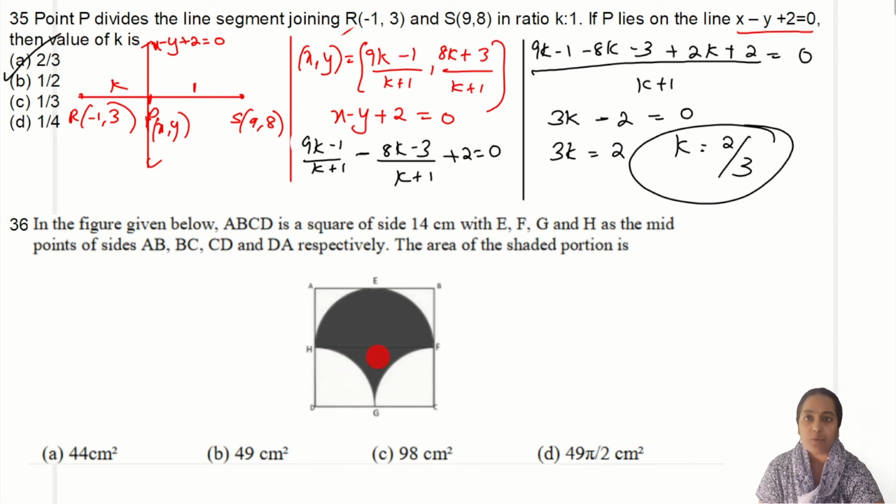What is the sum of 2 quadrants? The sum of 2 quadrants is again a semicircle only. So let me make the equation here. What is the area of the shaded region?